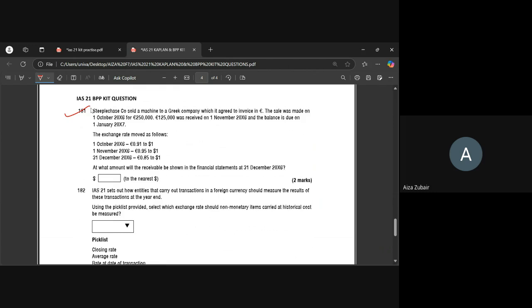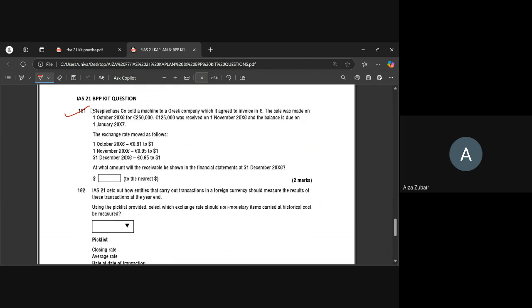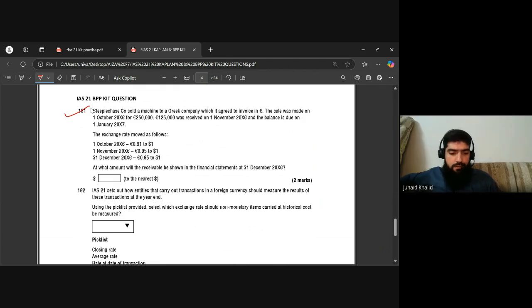So the receivable amount we use is 125,000. Yes, very good. 125,000 pounds. And if you need it in terms of dollars, what will be the net answer?